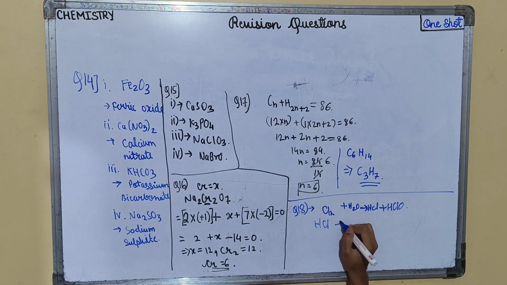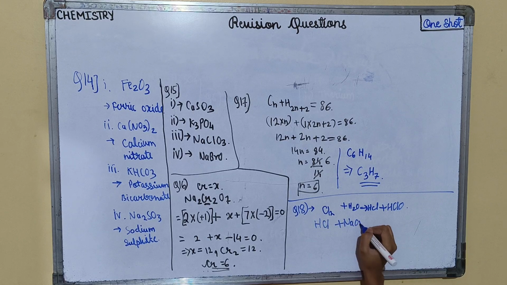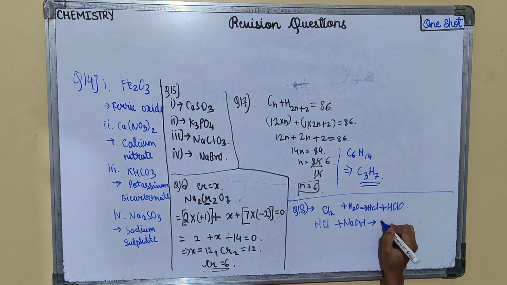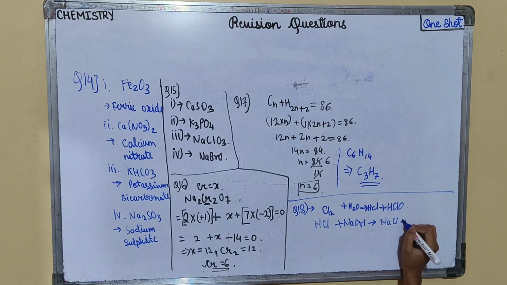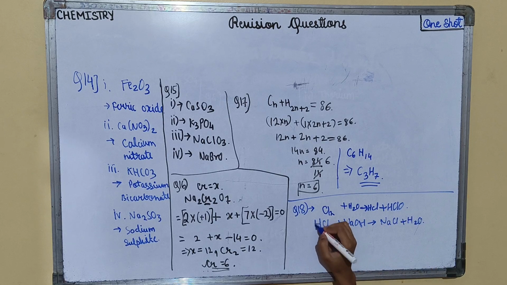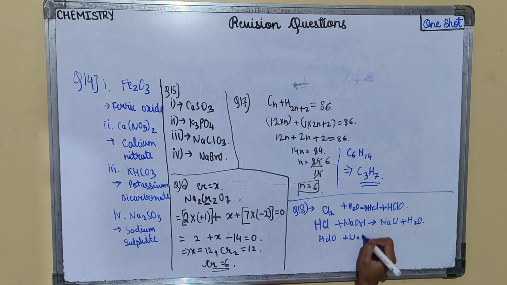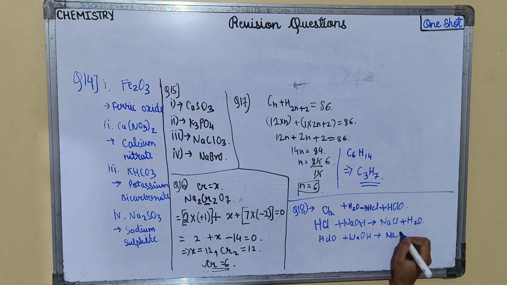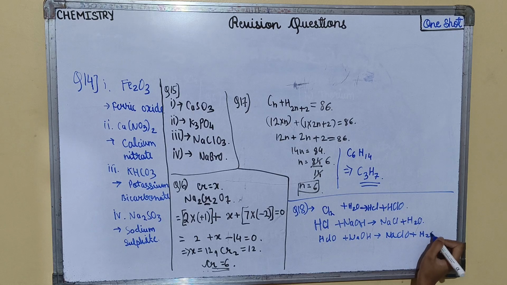HCl plus NaOH gives NaCl plus H2O. HClO plus NaOH gives NaClO plus H2O.